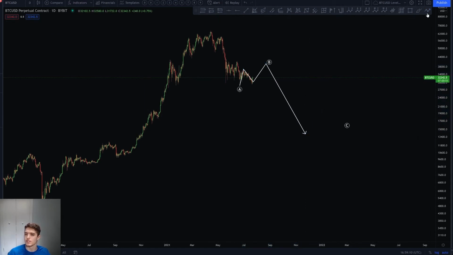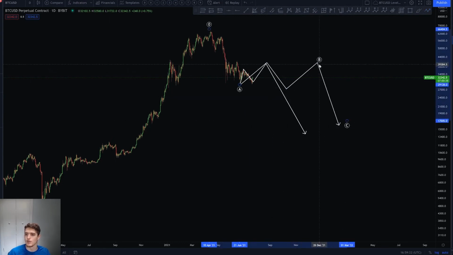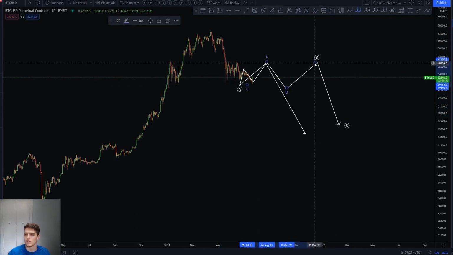Because alternatively, this could all be the first A wave of this primary B wave, and then we come down for another B wave and up for a C wave, and then roll over and come down for this primary C, in which case this primary B would go right here, and this would all be an A, B, C, or it could be a WXY for all we know.